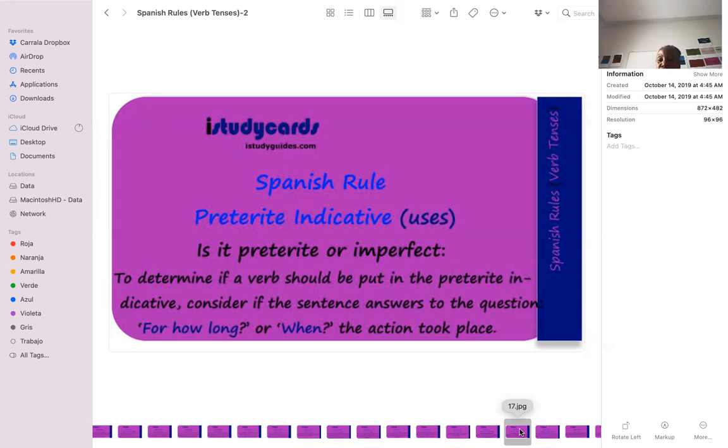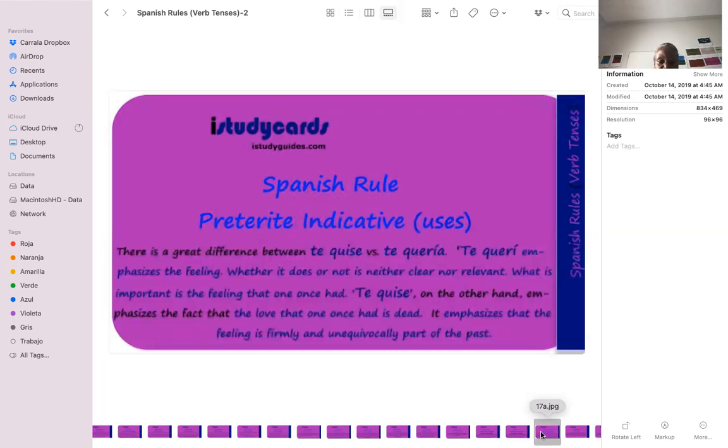The main question you have to ask yourself when you want to know if this is the imperfect or the preterite, especially in Spanish, because they have entirely different endings, and sometimes entirely different words, is: for how long or when did the action take place? Like I said, this is in the other video.